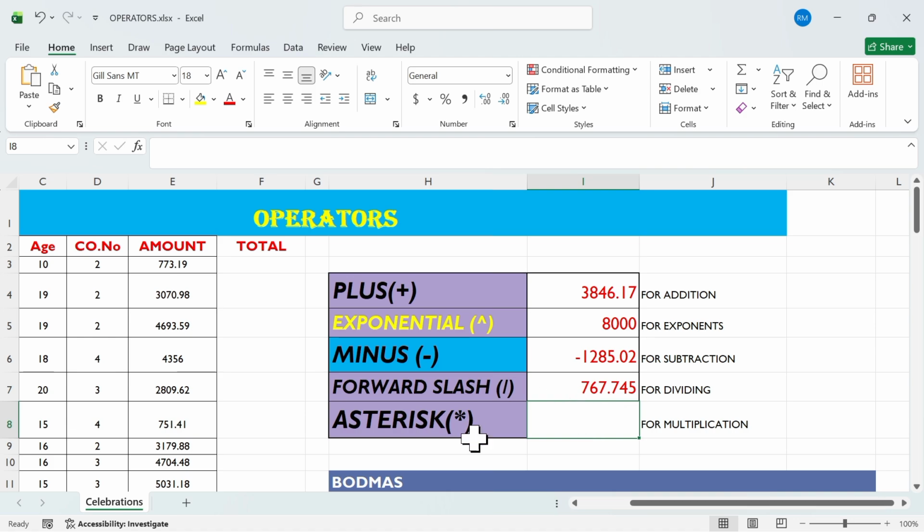So what you need to know is simply that your forward slash is what you are going to use for dividing, if you want to divide. Okay, let's go to this asterisk there. For that one, we are multiplying. Any asterisk that we are going to see there is used for multiplication purposes.